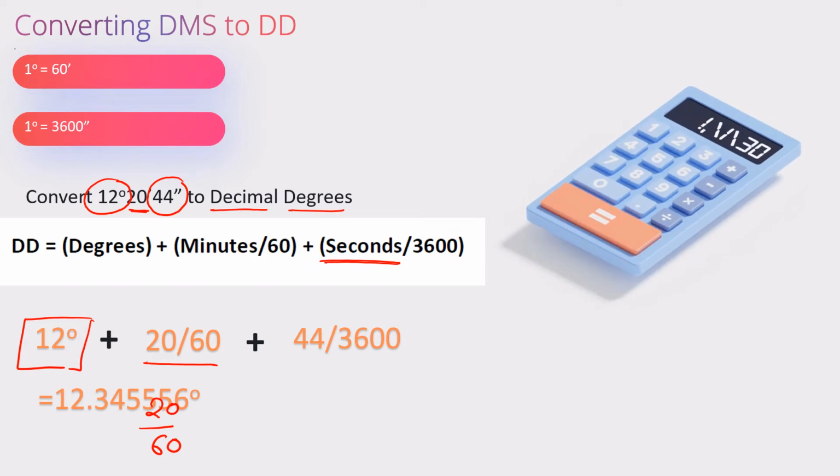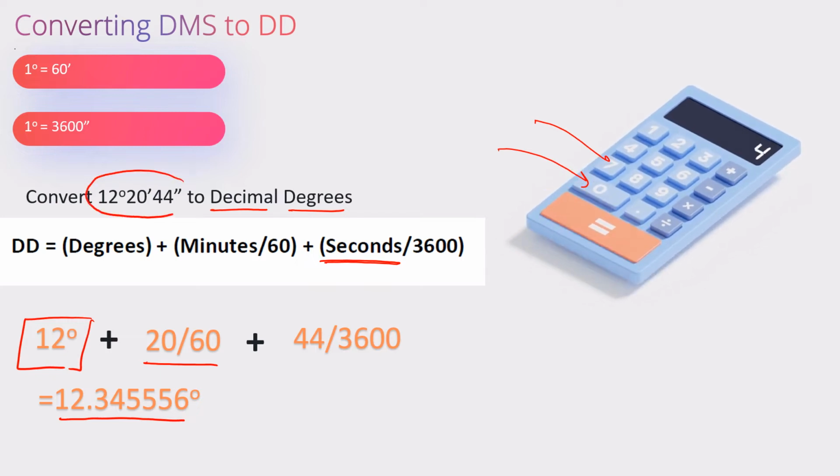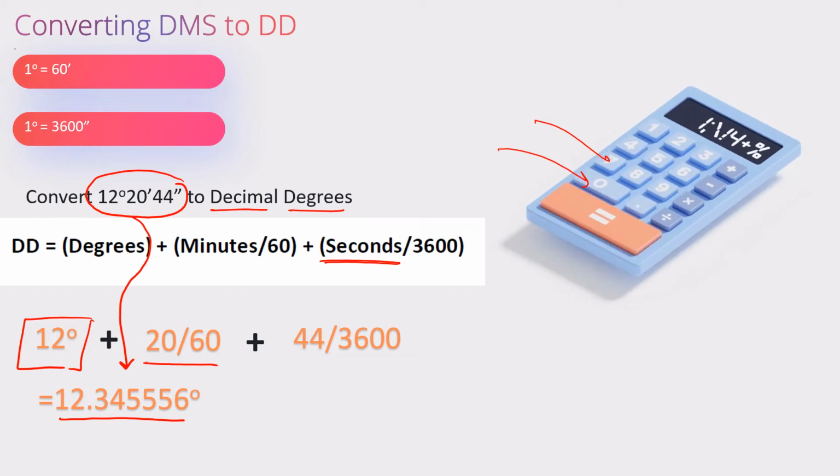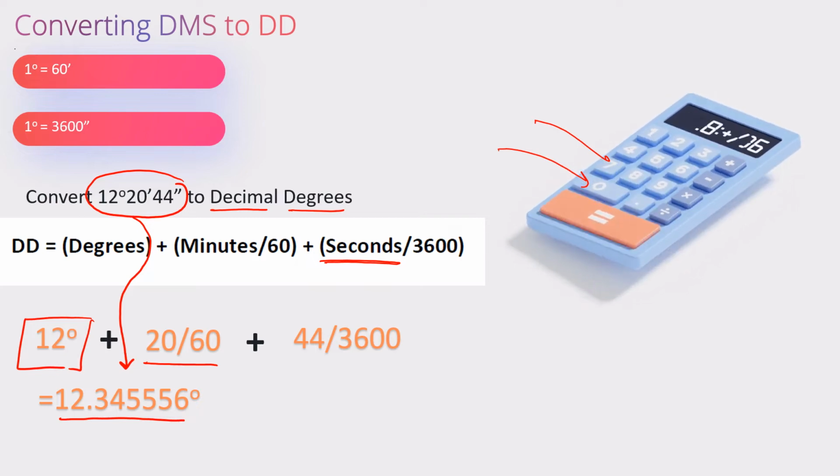So 44 divided by 3600, and if you plug in all the values, we get this answer. So 12 degrees, 20 minutes and 44 seconds is equivalent to 12.345556 degrees. So this is how we convert DMS to decimal degrees.